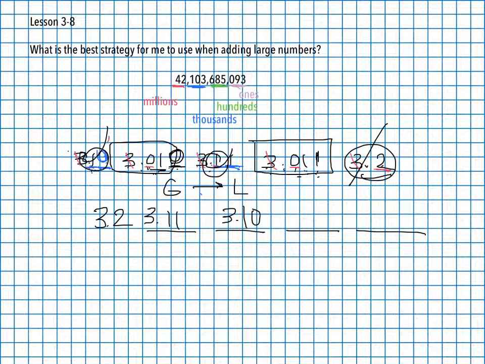This 1, ladies and gentlemen, is greater than this 0 here. So we're going to put 3.011 and then 3.01. And that is how we compare numbers and put numbers in order when there are decimals, which is something that I've noticed we've had a few problems with.